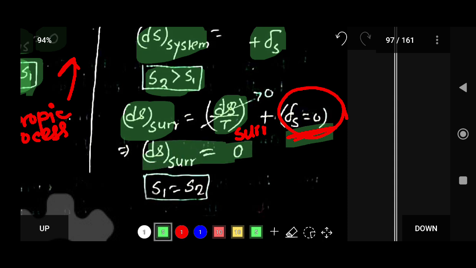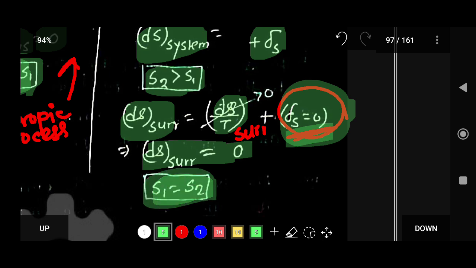So from here S2 is equal to S1. This is one case here. Suppose we consider the entropy generation equal to 0. Then there is a condition that entropy is constant, or you can say an isentropic process.